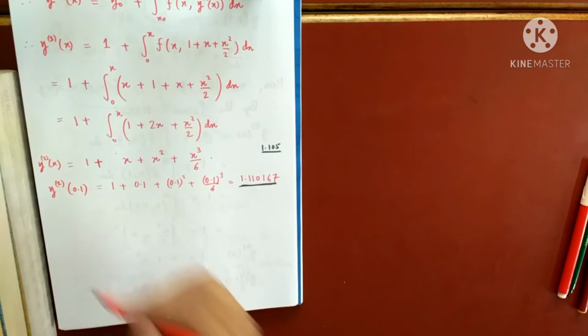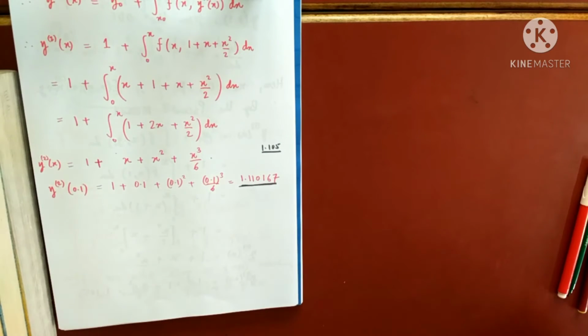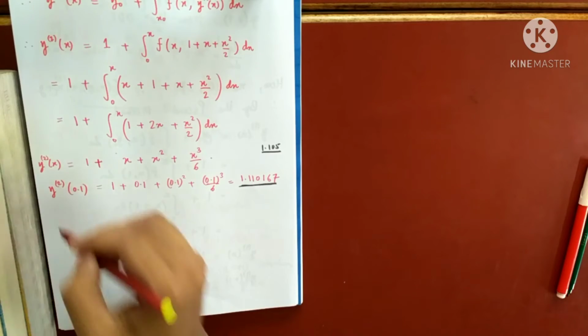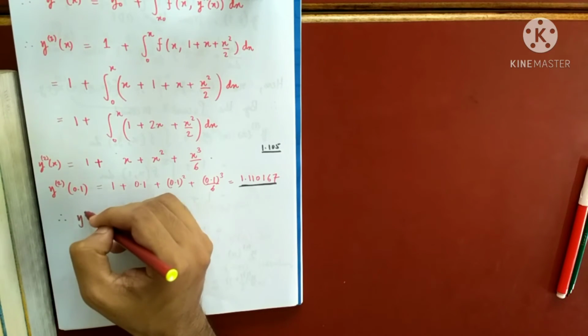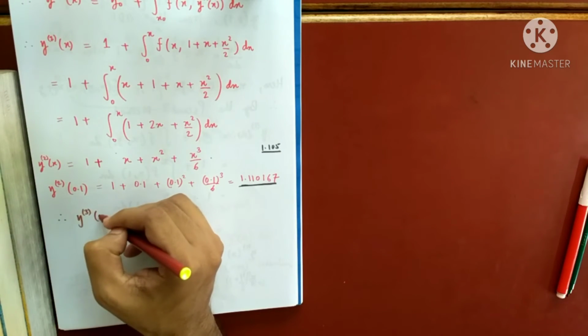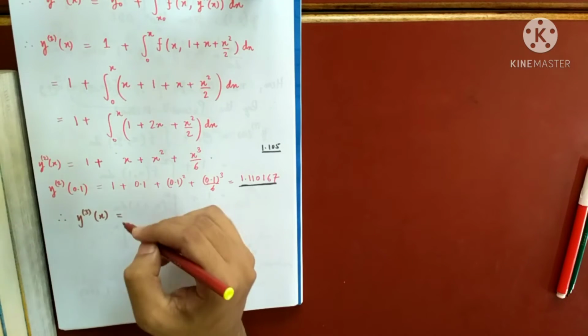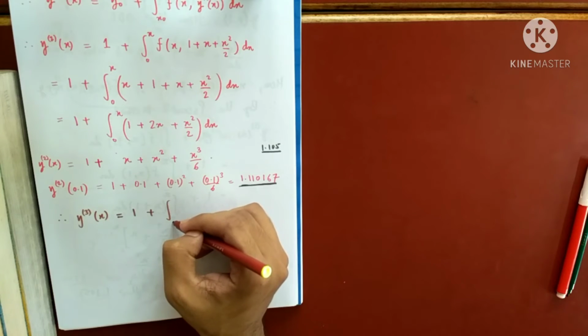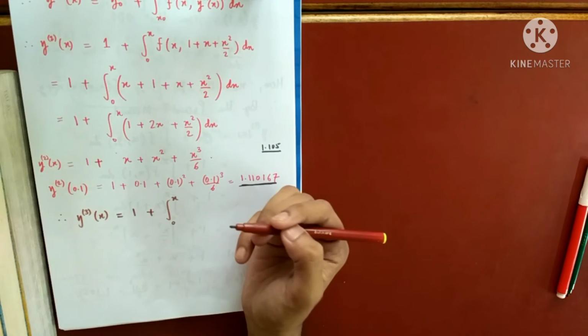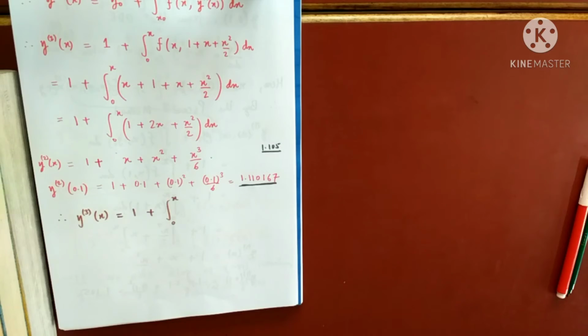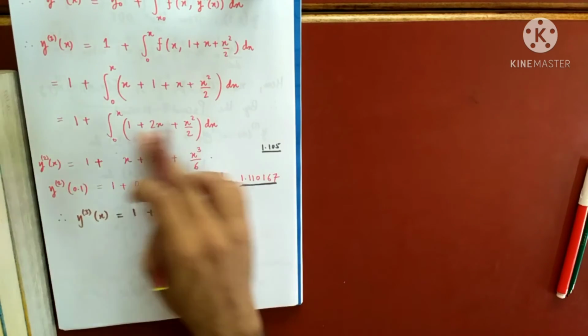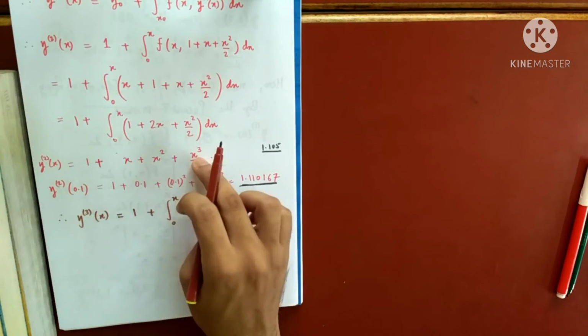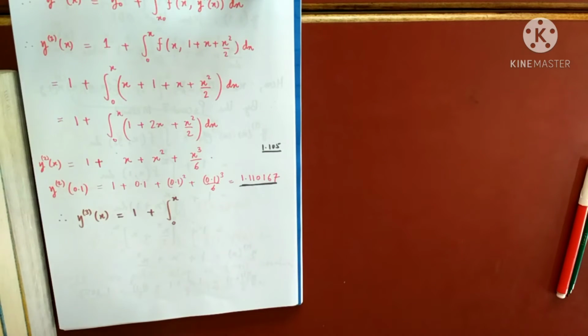Now the third iteration. The third iteration is like this, as you know. Y3 is, this time I'll jump some steps. y naught is 1 plus the integral from x naught to x of f of x comma this. So what is the function?